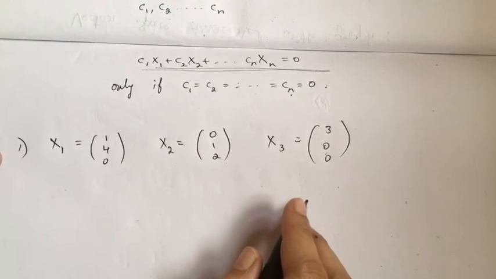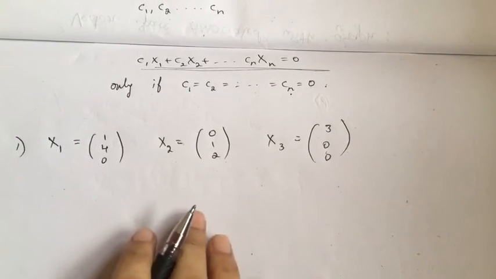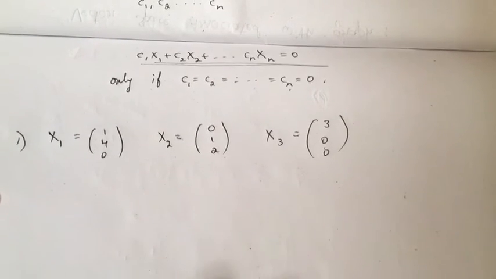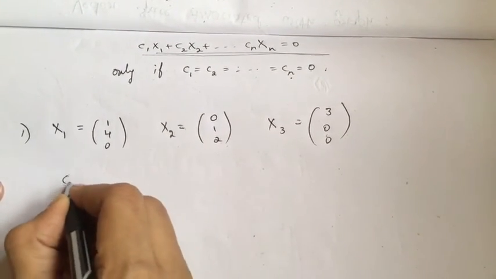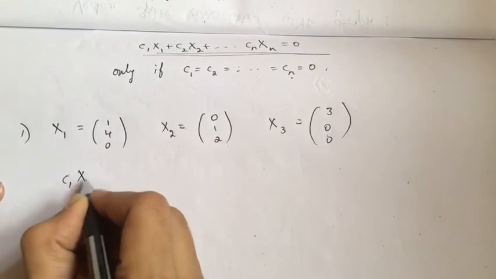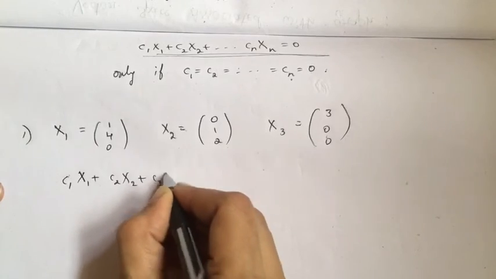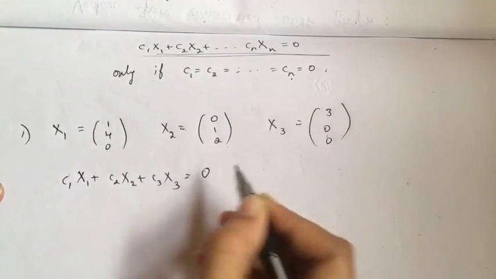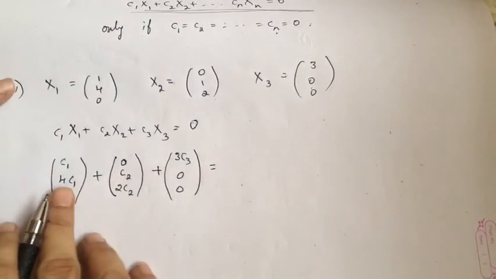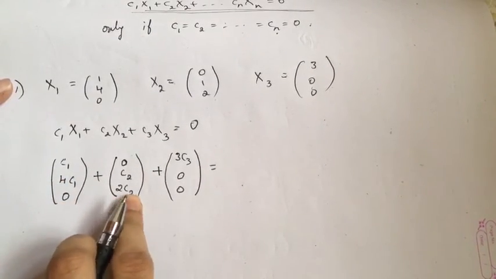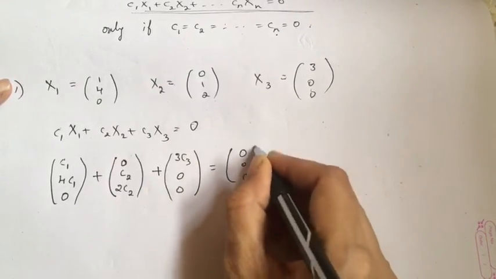I am taking an arbitrary linear combination of these three vectors, and I know it has to be equal to 0. Suppose c1, c2, c3 are the scalars: c1 x1 plus c2 x2 plus c3 x3 is equal to the zero vector.